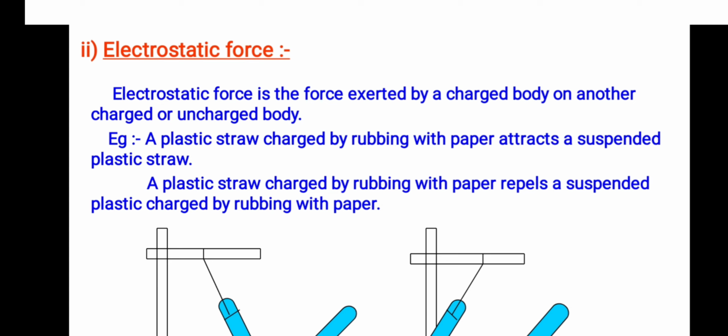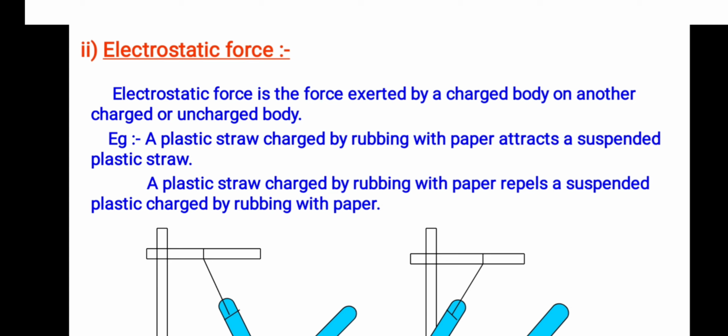Underline that statement. In the case of petrol tankers, that's why petrol tankers often have a metal chain dragging along the ground. The charge produced leaks to the ground through this chain. Okay.